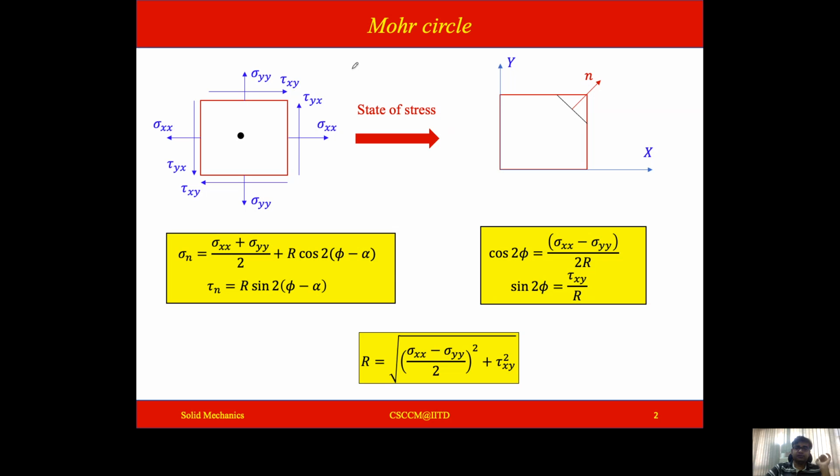So for example, if you remember, we talked about this coordinate system previously: X, Y, and Z. We considered this Z direction to be our principal direction. So at least one of these three has to be the principal direction. This is also something we talked about, right?